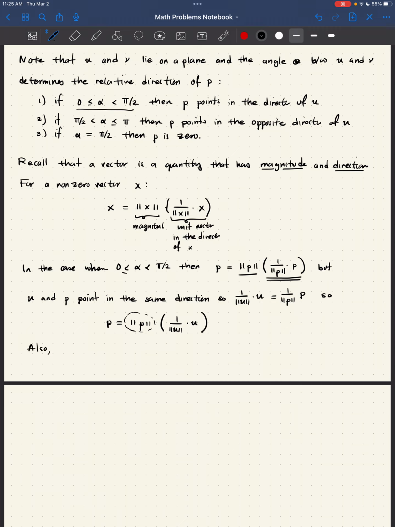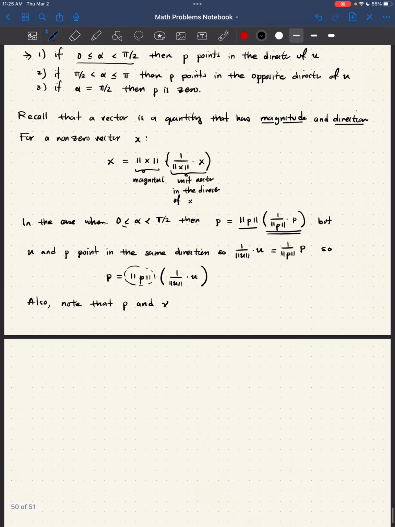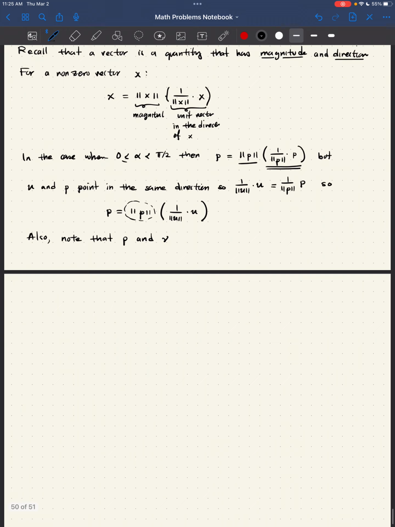Also note that P and V, as we can see from this picture that corresponds to this case, share the same angle as U and V.